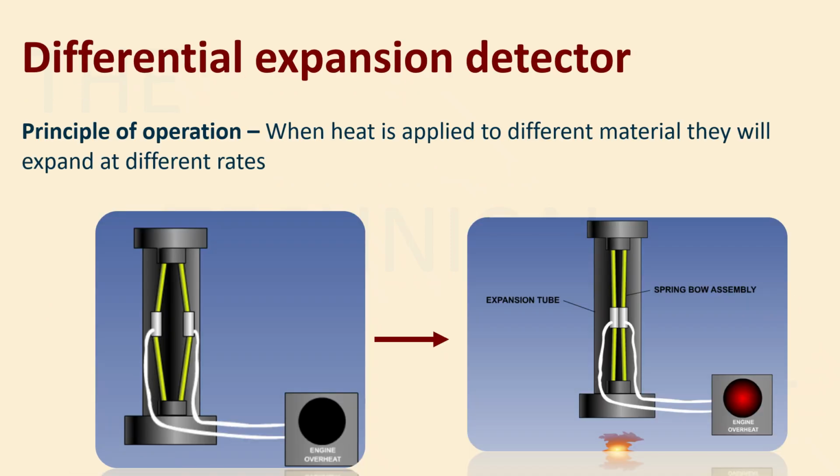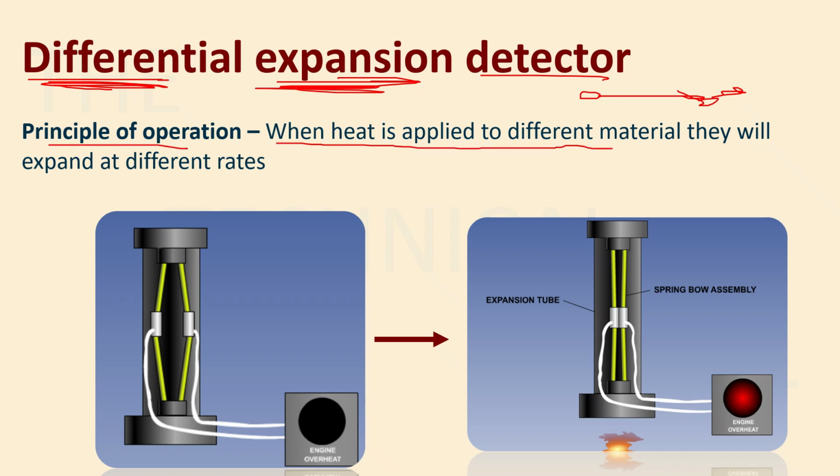Does the name suggest differential? That means different. Expansion, you know what expansion is, right? You're stretching something, it is expanding. And it's a detector. The principle of operation is that when heat is applied to different materials, they will expand at different rates. If I have an iron rod and I apply heat to it, it will expand.